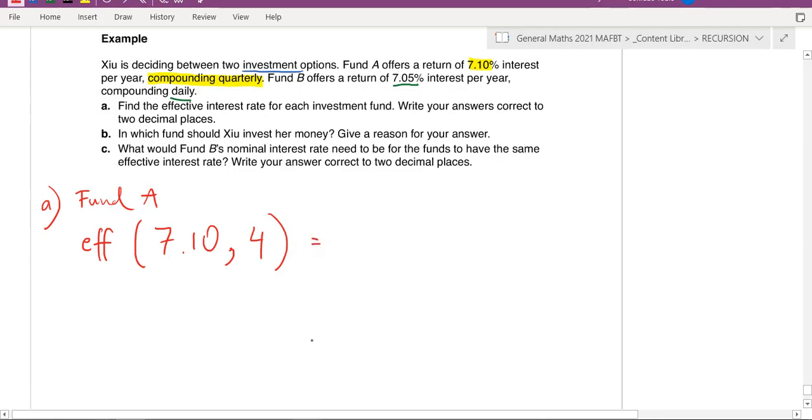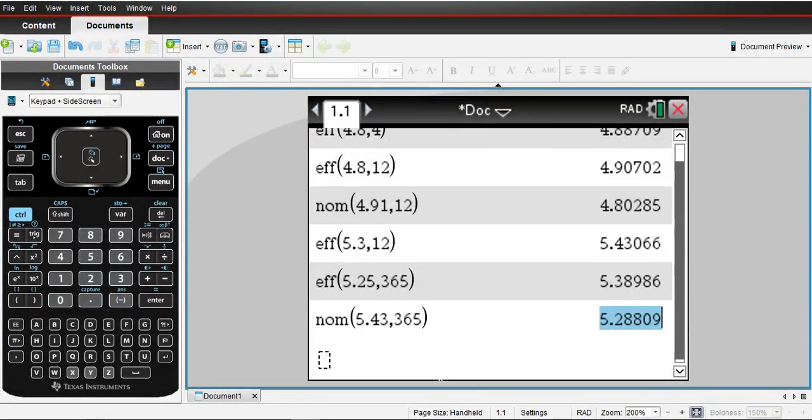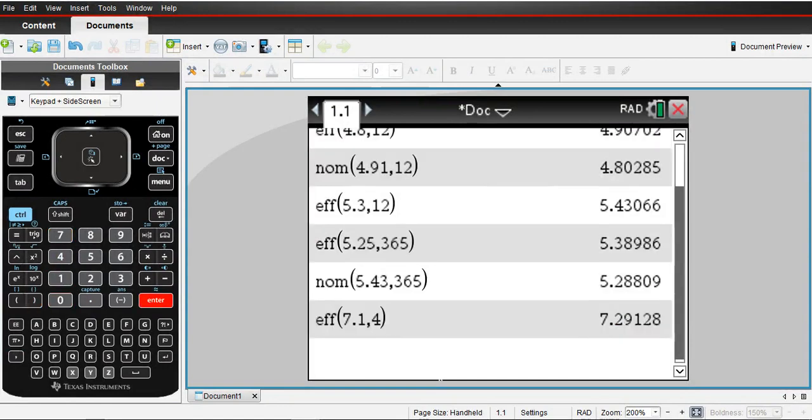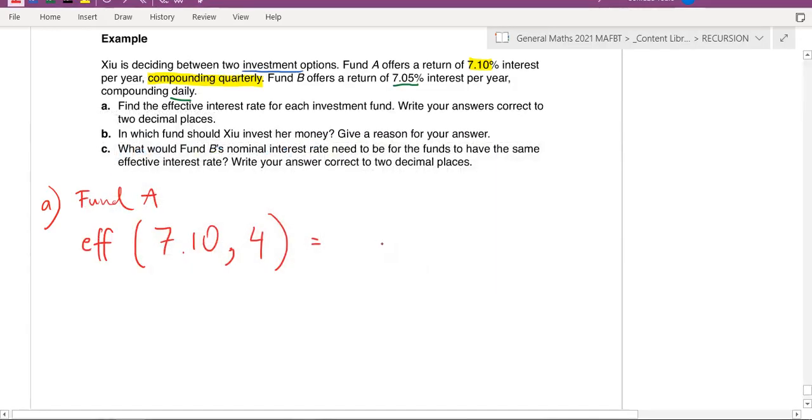So the effective rate here, 7.10, comma 4, is 7.29.